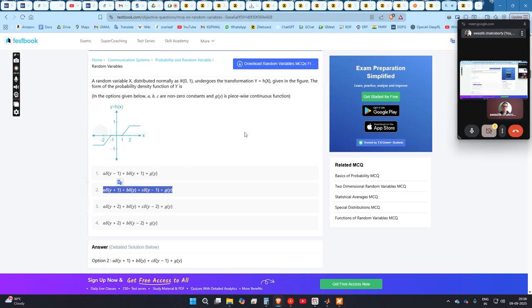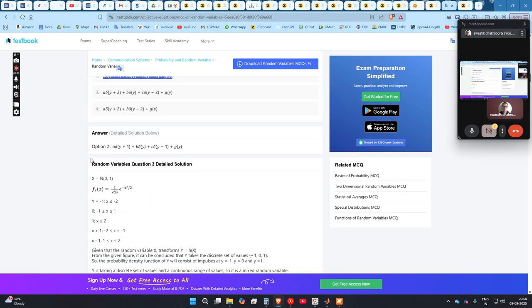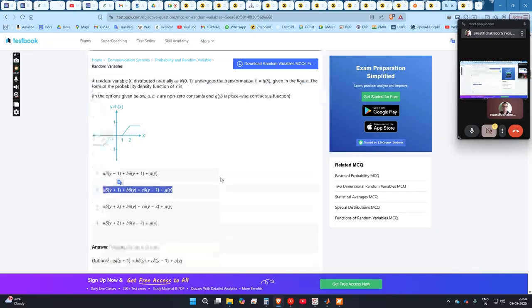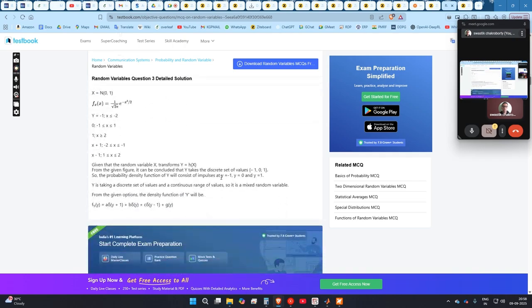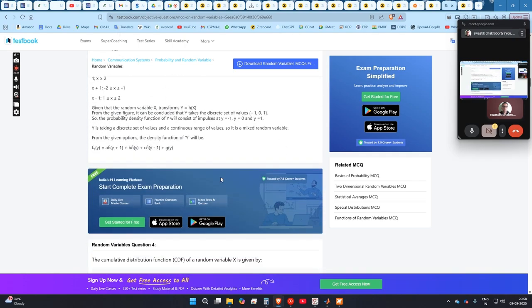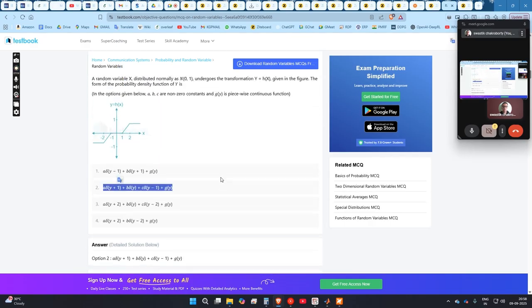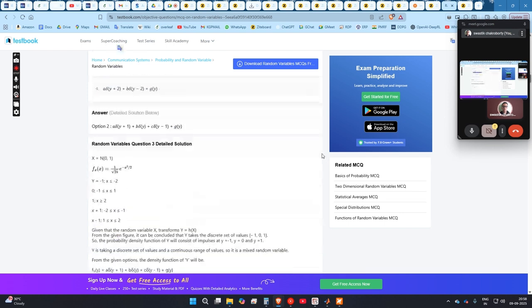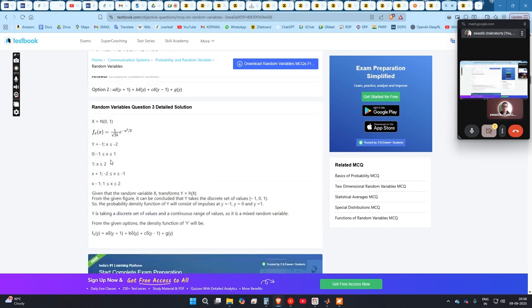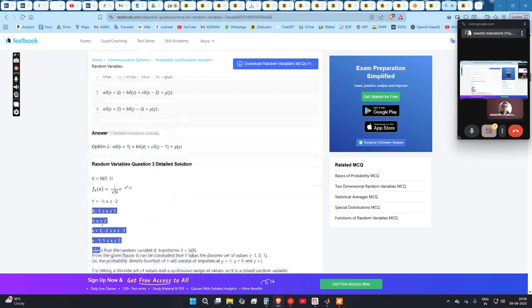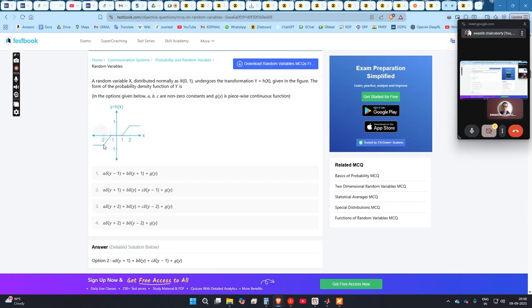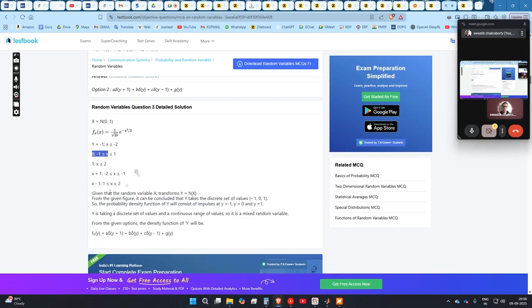So here the function is given as y is equal to minus 1, x plus 1, 0, x minus 1 and 1.